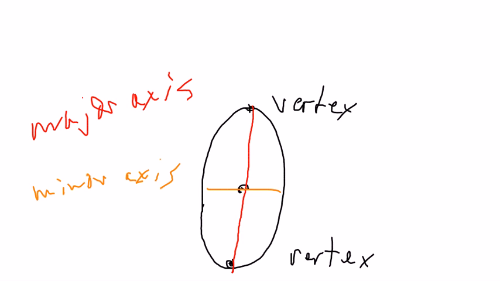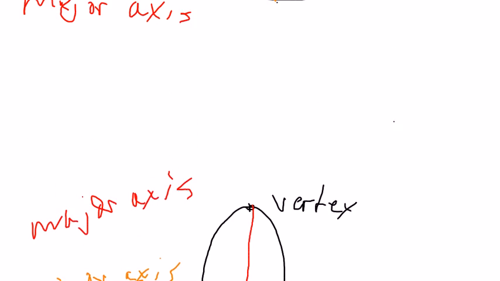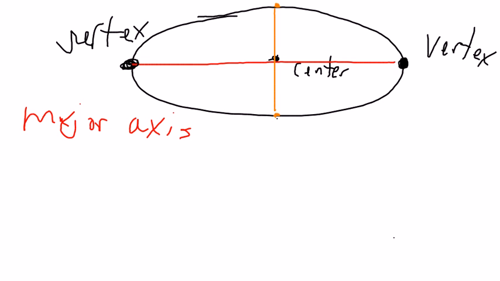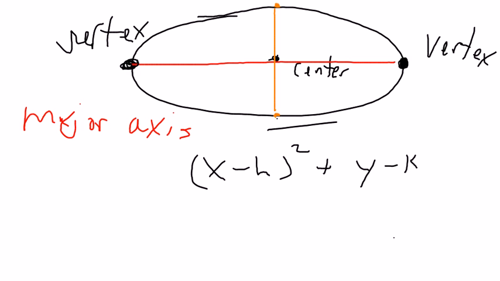What are some equations we're going to use? The standard form of the equation, if we're oriented left and right, or horizontally, like we are right here, is x minus h squared over a squared plus y minus k squared over b squared equal to 1.